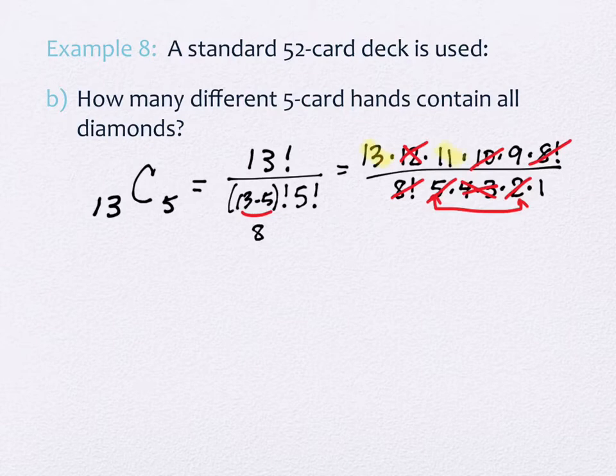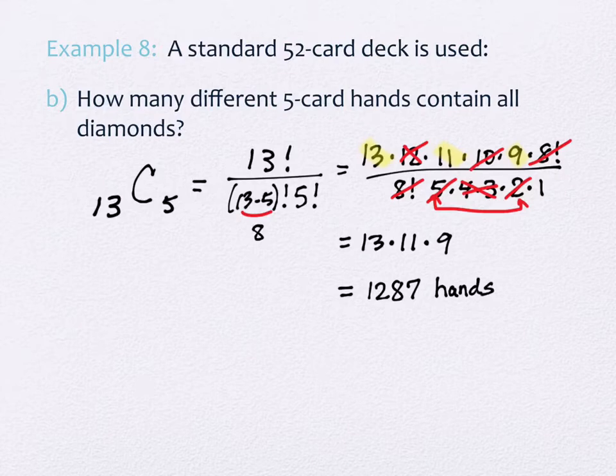Be sure and collect all the pieces that didn't cancel, which are my 13 times 11 times 9. So what is 13 times 11 times 9? 1,287 hands.